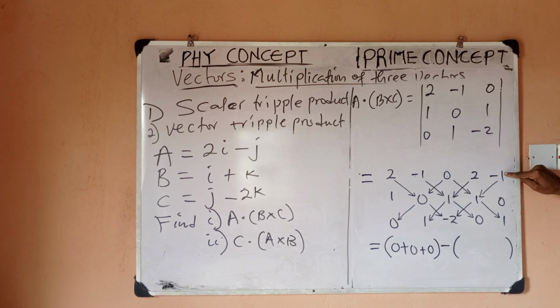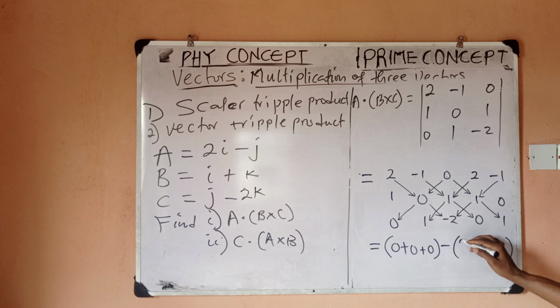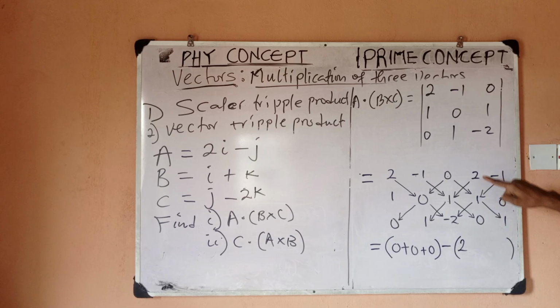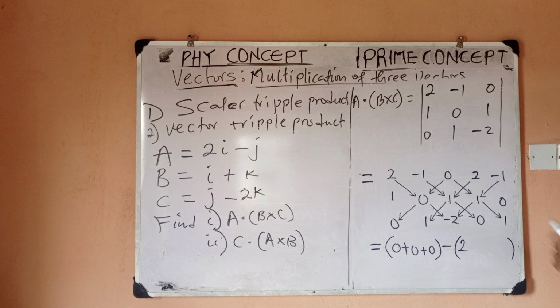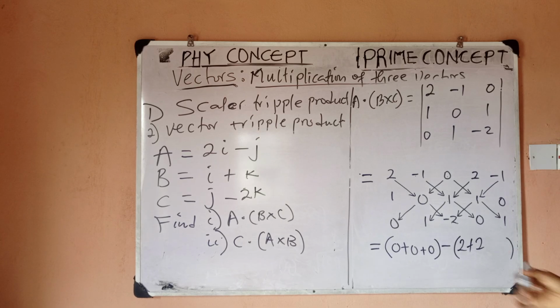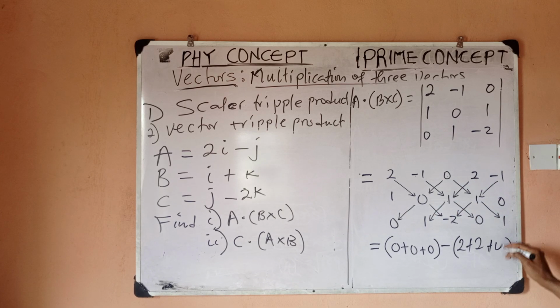So minus 1 times 1 is minus 1, then times minus 2 is plus 2. So I have plus 2. 2 times 1 is 2, 2 times 1 is 2, so I still have plus 2. Then finally 0 times 0 times 0 is 0, so plus 0.